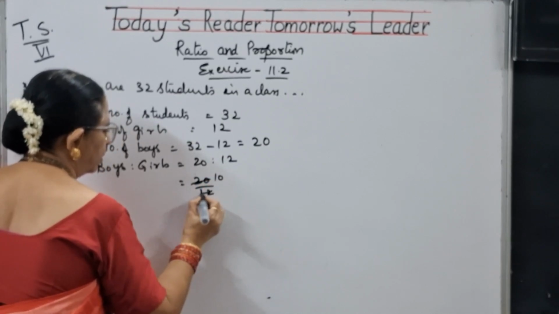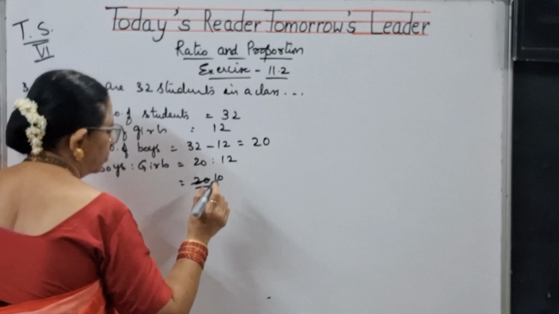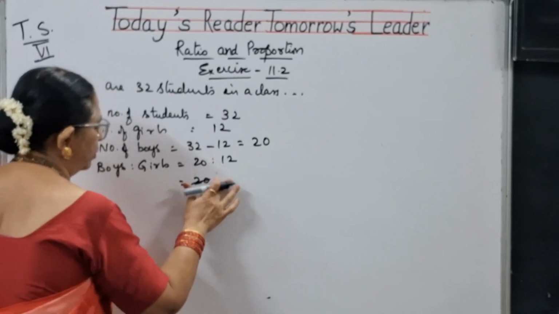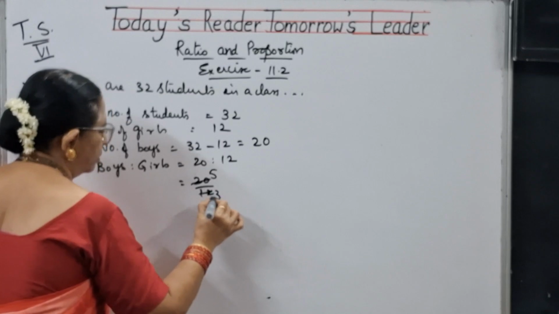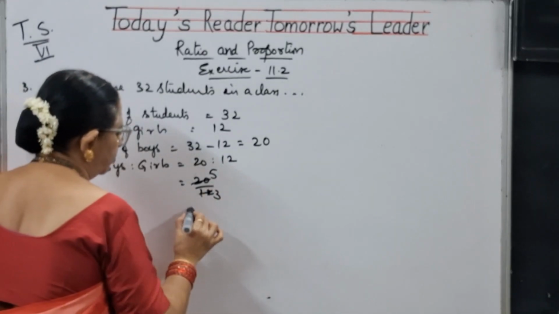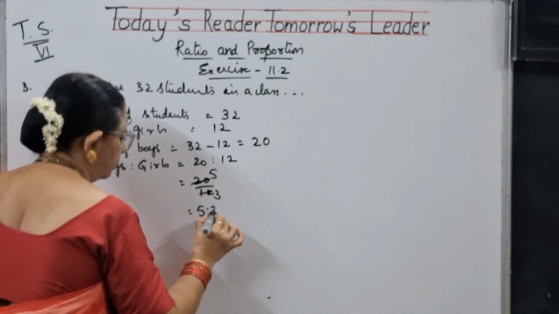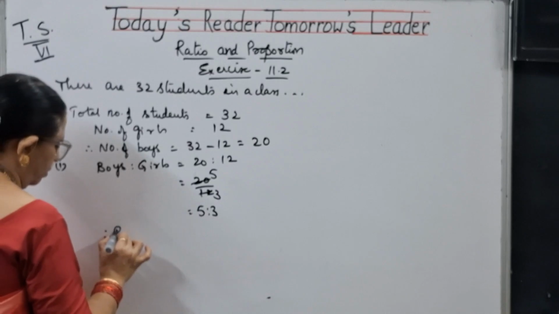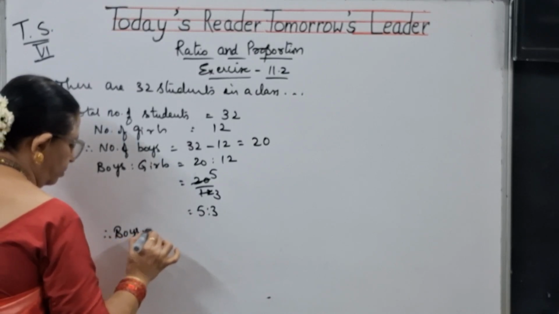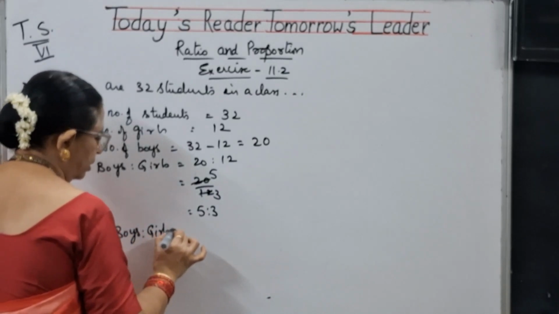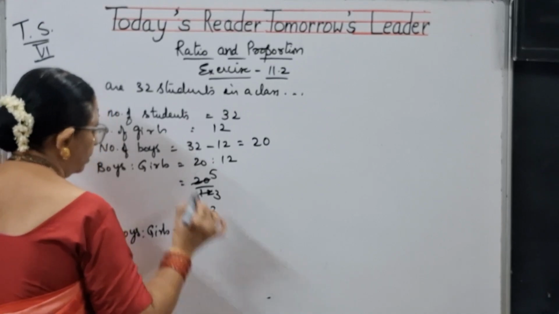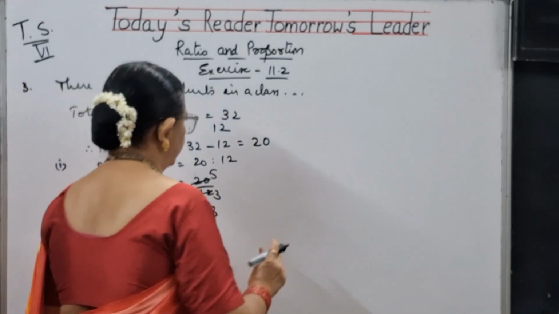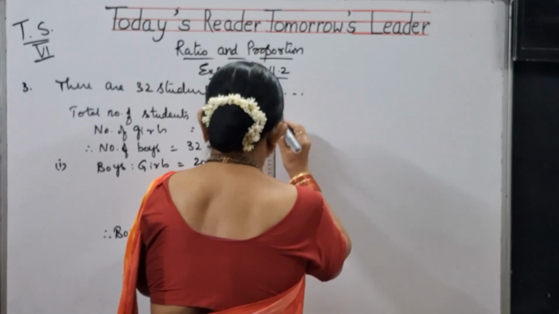With 4 we can do it very easily: 4 fives are 20, 4 threes are 12. So 5 by 3 means 5 is to 3. So boys is to girls is equal to 5 is to 3. This is the answer for the first bit. Now let us see the second bit.